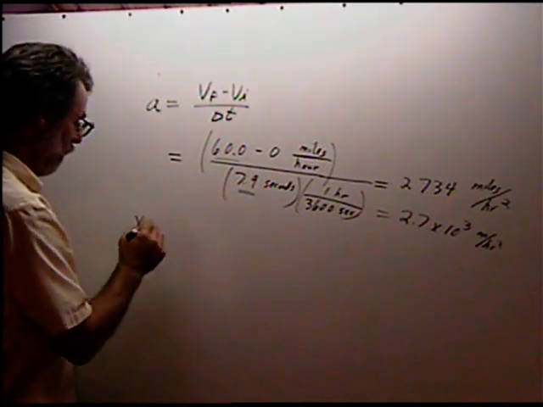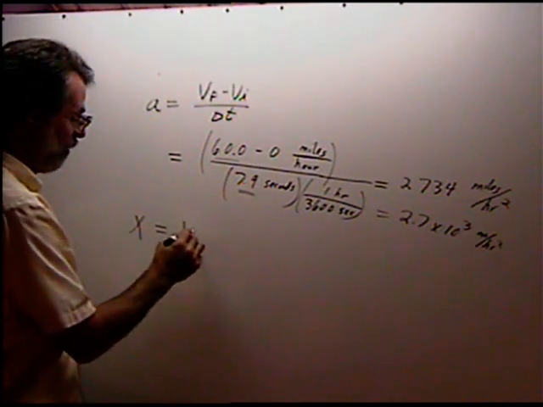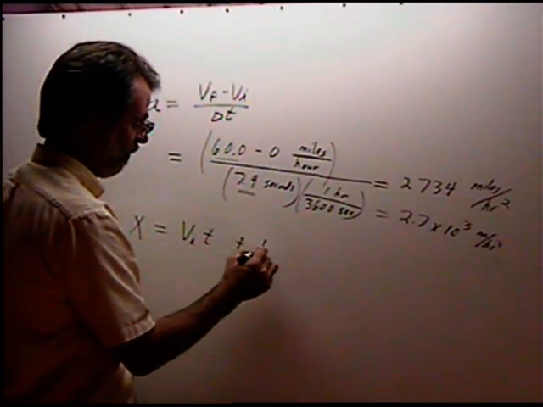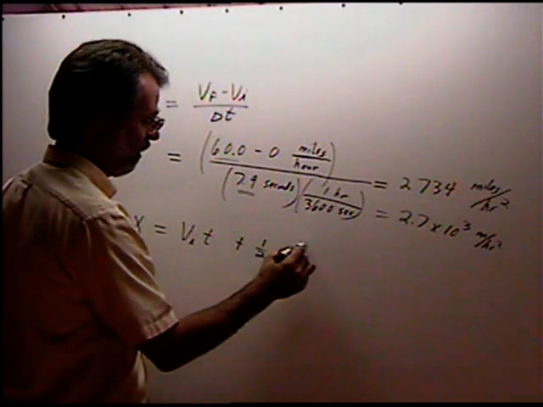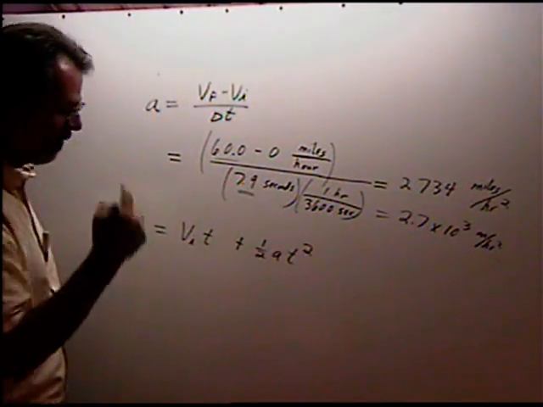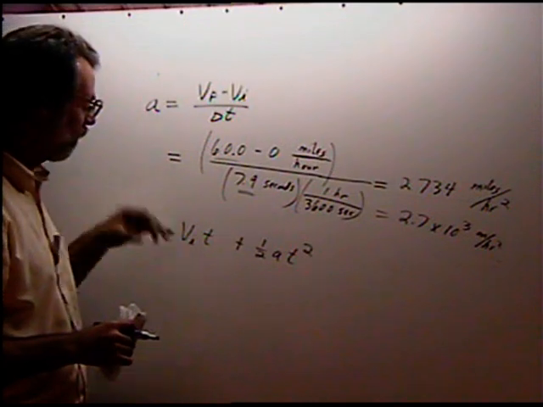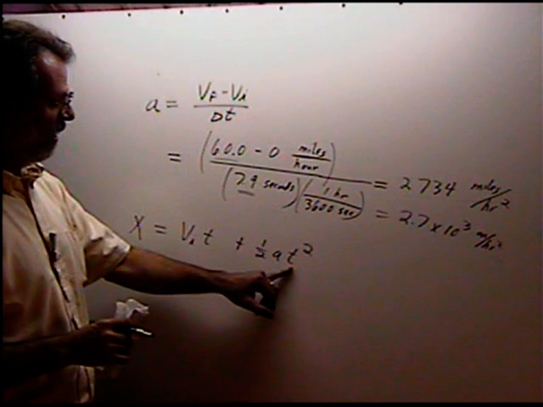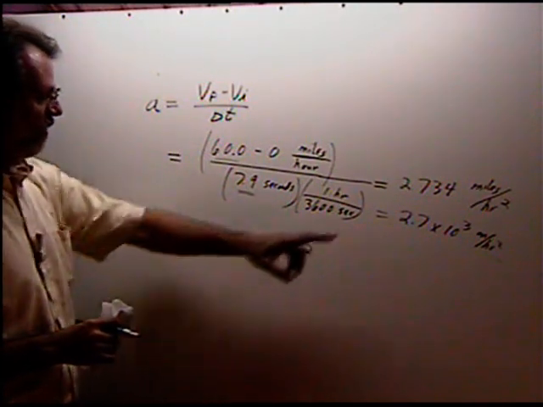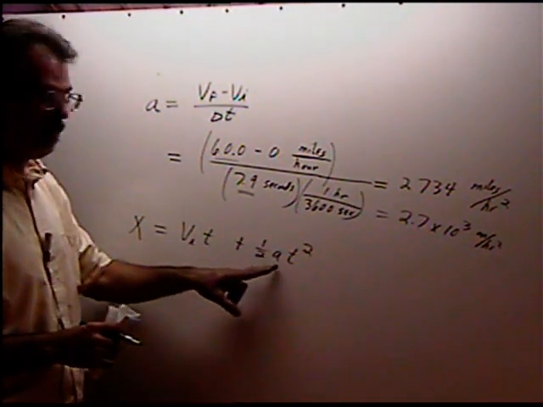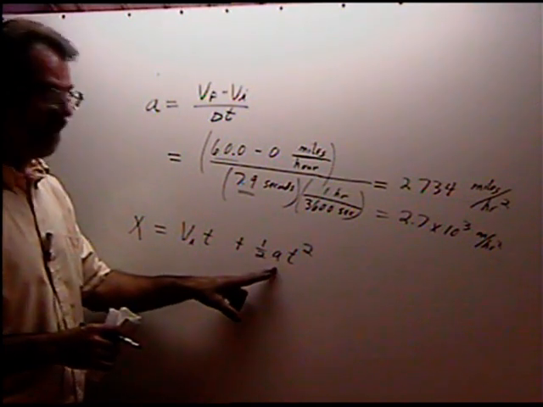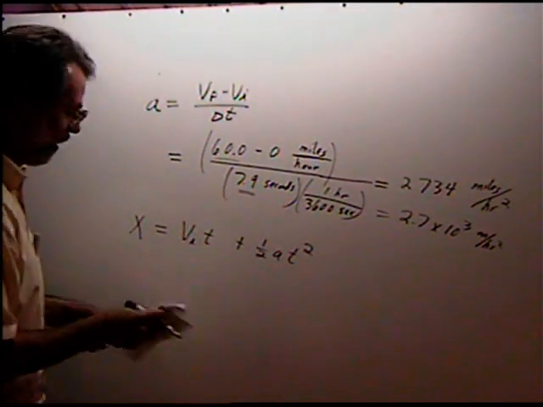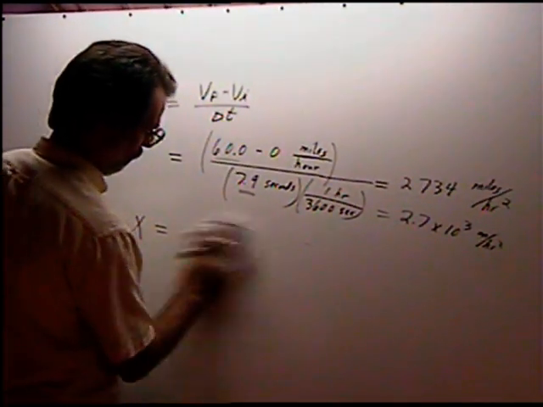Distance traveled equals the initial velocity times time plus 1/2 at squared. So one way to do it is to put in the initial velocity and substitute in the time, and we have what the acceleration is. That would certainly be one way to do it. It's a little bit long, but is there another way? Yes, there is.